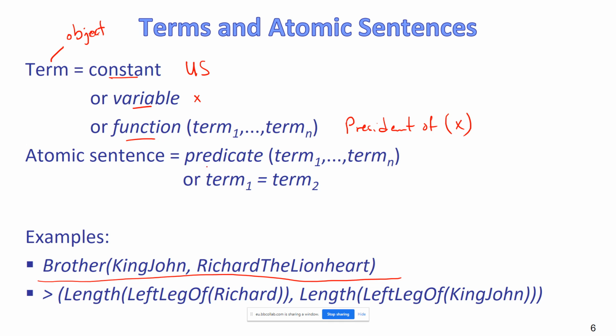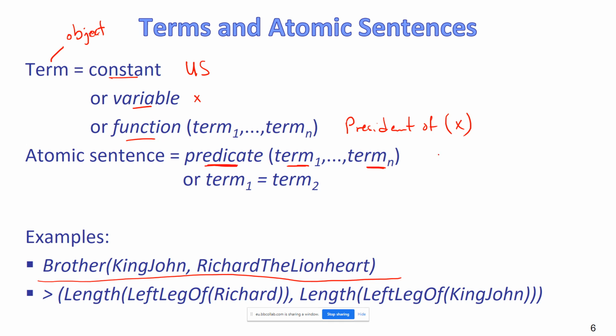It's a predicate. Remember, the predicate refers to a relation. We call it a relation in the real world, but in first order logic we represent it by a predicate. A predicate is a relation that takes multiple objects, which are referred to here by term 1, term 2, up to term n.